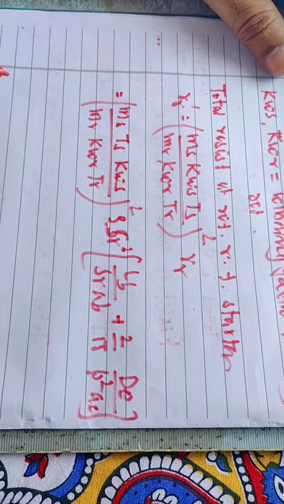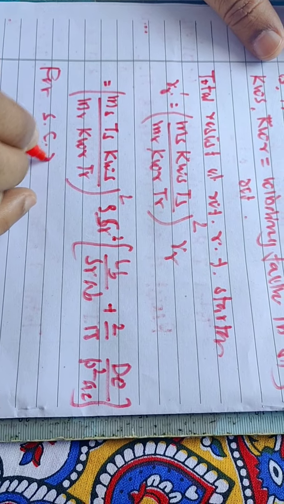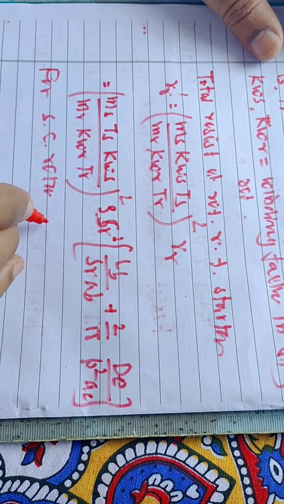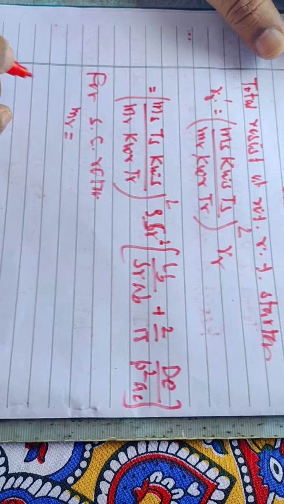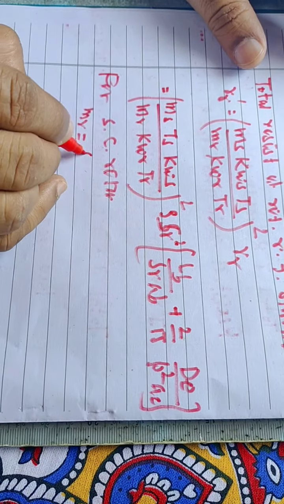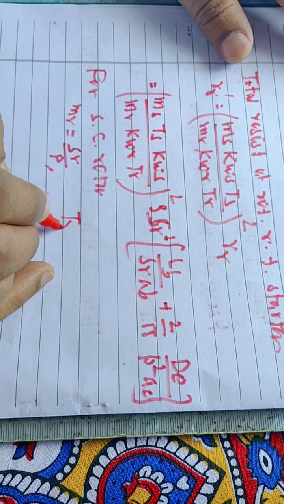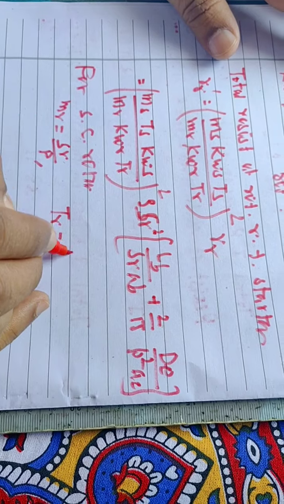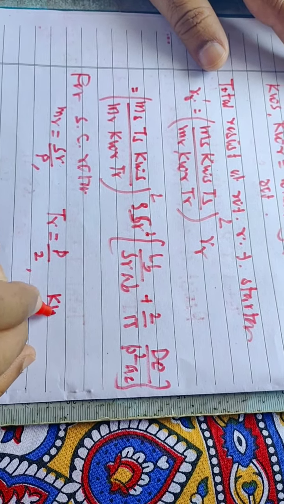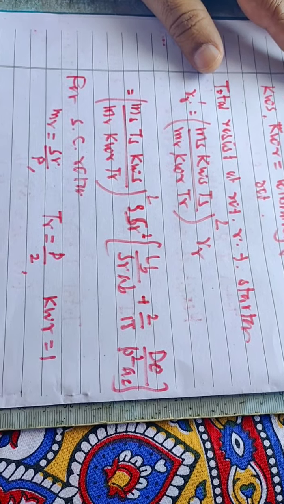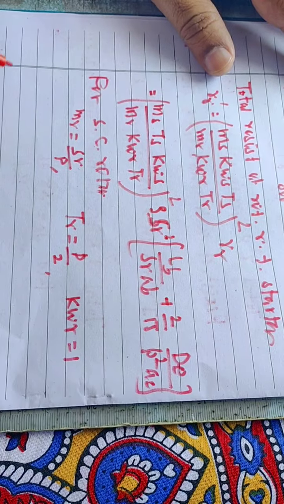Then for squirrel cage rotor, MR, rotor number of phases MR is SR upon P. TR is P upon 2 and KWR is 1 for squirrel cage rotor.